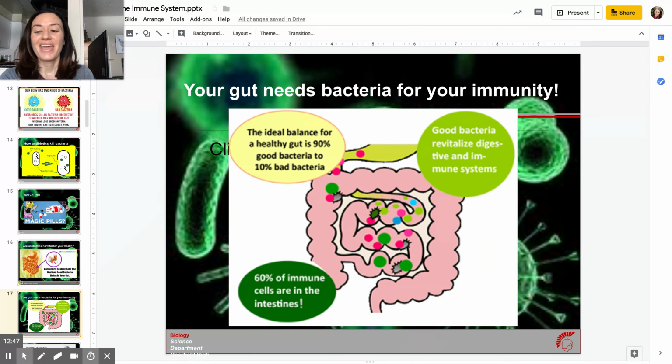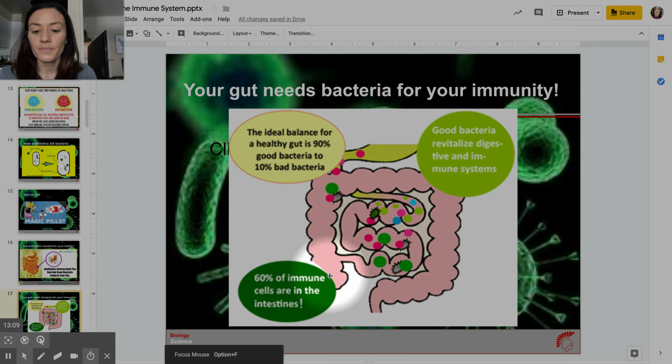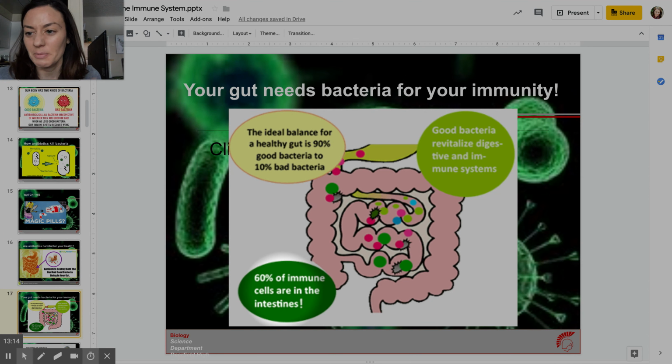Okay, so I'm not sure what you answered, but you have to realize that your gut, your intestines, need bacteria for your immunity. You understand that? Good bacteria will help with your digestion. That's why like 60% of your immune cells are in your intestines, because bacteria helps digest food.